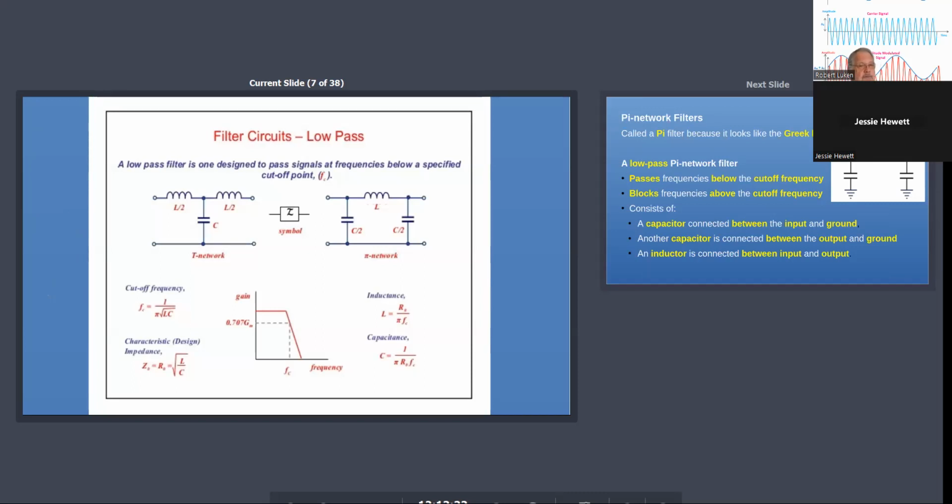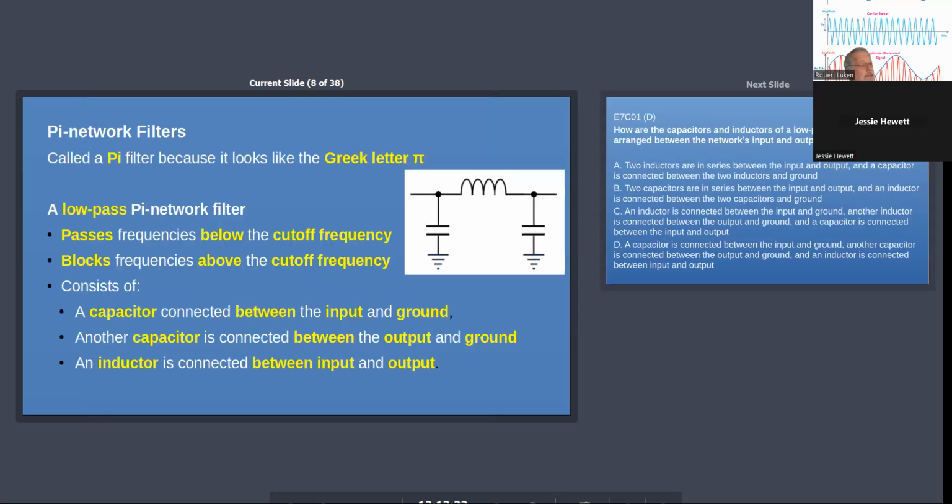You also have a cutoff frequency. So it's going to pass signals below the cutoff and block signals above the cutoff. And the cutoff is the 3 dB down point, or 0.707.